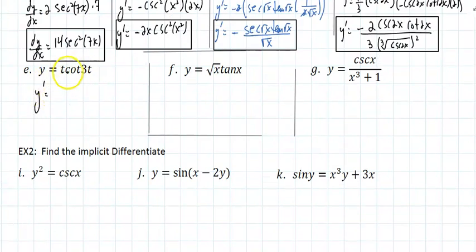Y prime is the product rule. Derivative of the first, which is 1, times the second, plus t times derivative of cotan. I'm sorry, why did I say cosine? Cotan.